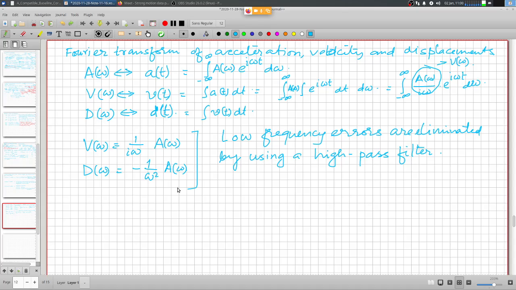So this is the process that we follow for calculating the velocity and displacement from acceleration, but before that the acceleration trace has to be corrected.